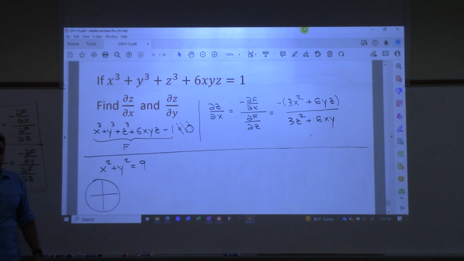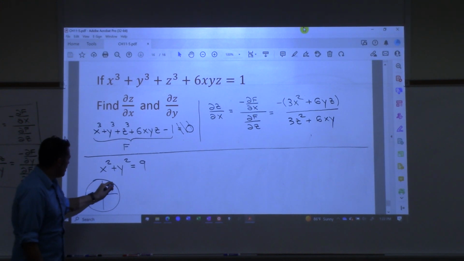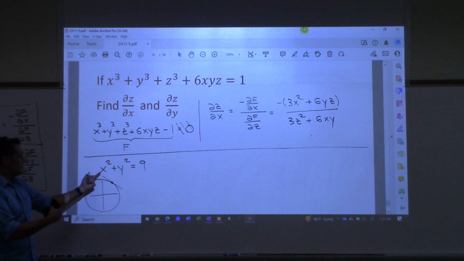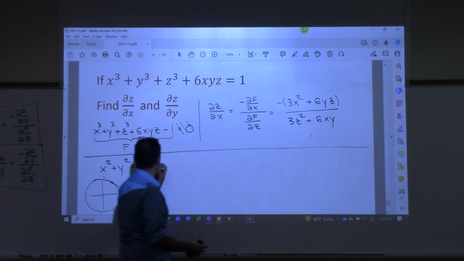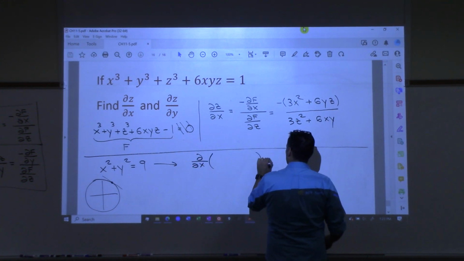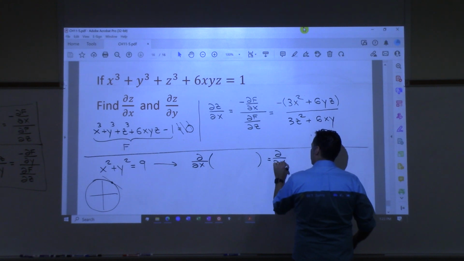If I want to talk about a tangent line, the slope of a tangent line, dy dx, I need to go to some point here and find that slope. I'm going to need to take the derivative of this. So if I do that implicitly, I take the derivative with respect to x on the left and the derivative with respect to x on the right.